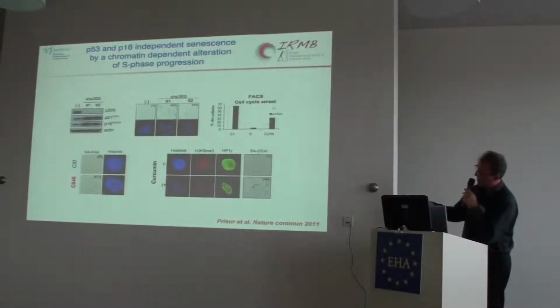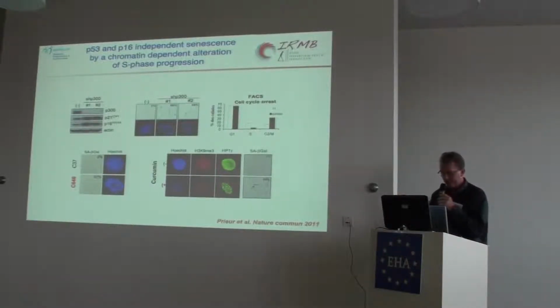And if we inactivate the histone acetyltransferase activity of P300, we also mimic this induction of SAHF and senescence. And interestingly, it has also been done with curcumin, which is an inhibitor of the histone acetyltransferase of P300.